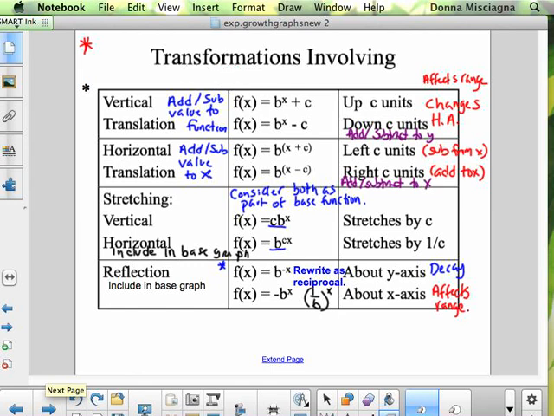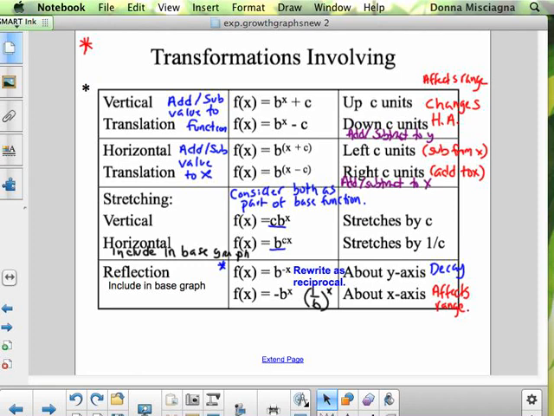Let's go through this. So vertical translations, you add or subtract the value to the function. It changes the horizontal asymptote, it affects the range, and you simply add or subtract to y.